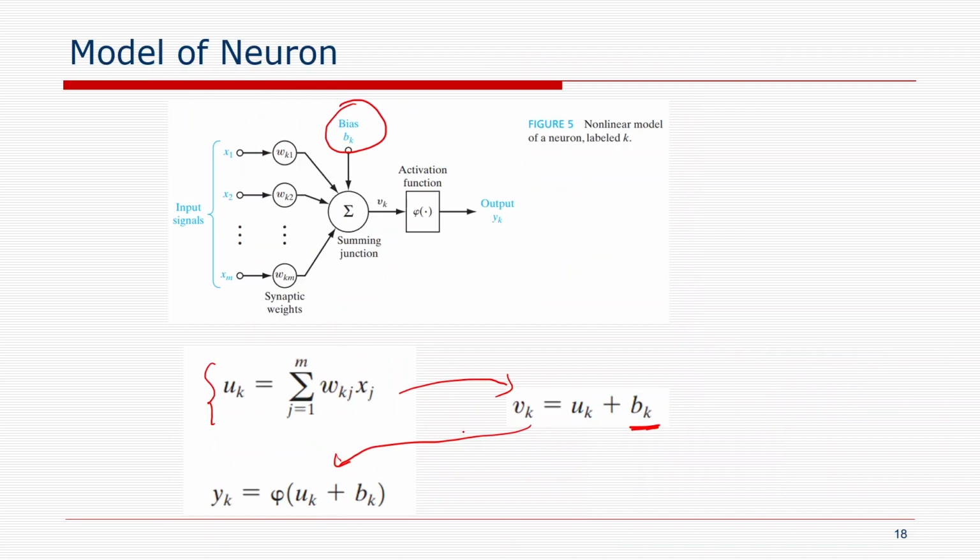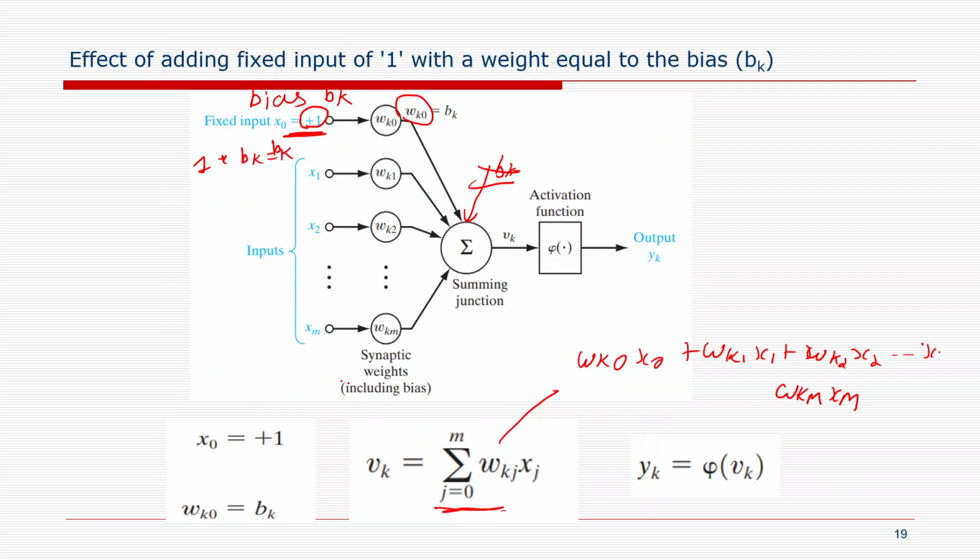Earlier our expression was ranging from 1 to M, but now it is going to go from 0 to M. And we say x naught is plus 1 and BK is nothing but WK0, and this same input is what we are passing for the BK.